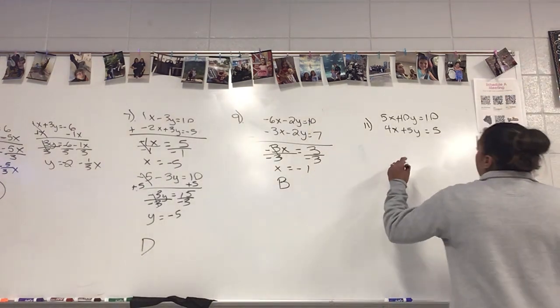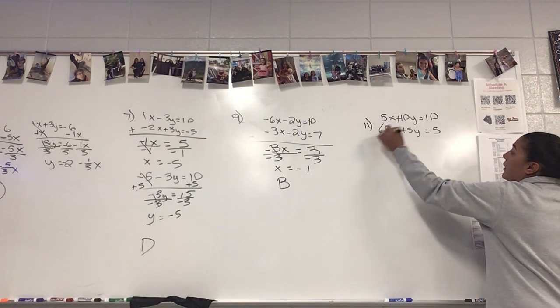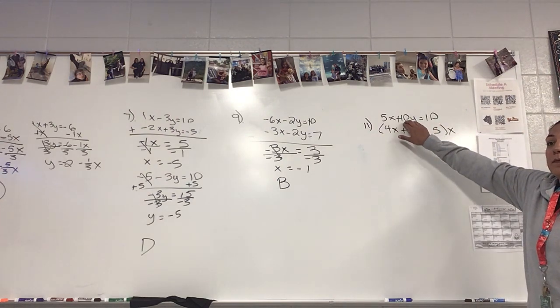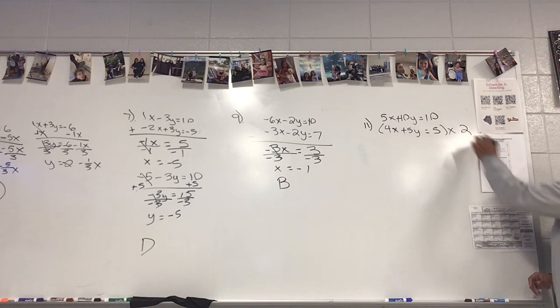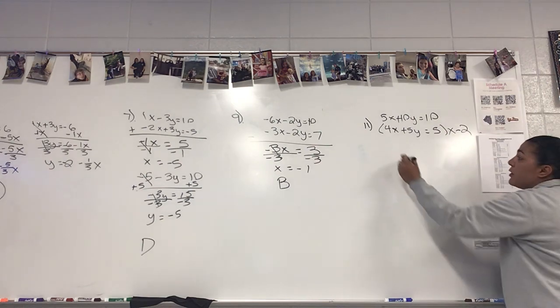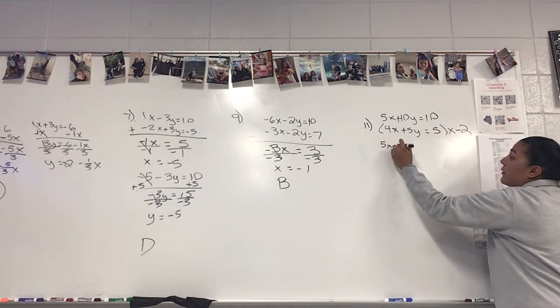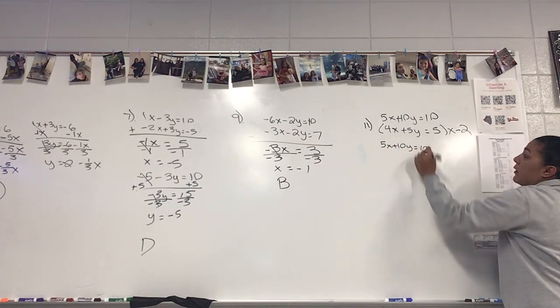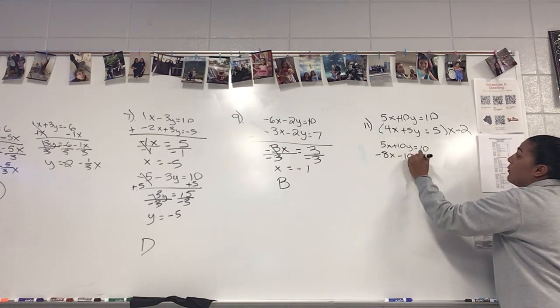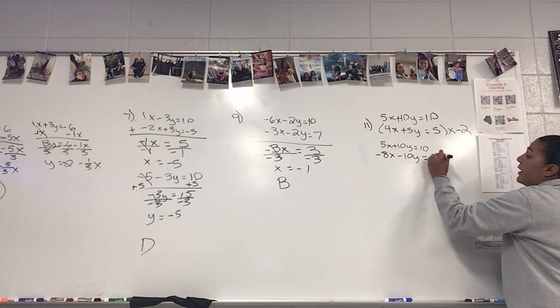The y, so we're going to say times. 5 times what gives me 10? 2. And do I want the same signs or different signs? Different, so this should be a negative 2. The top equation we haven't changed anything, and then the bottom equation, you get negative 8x minus 10y equals negative 10.